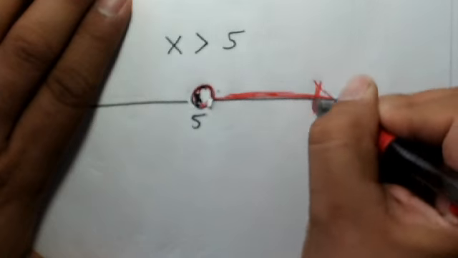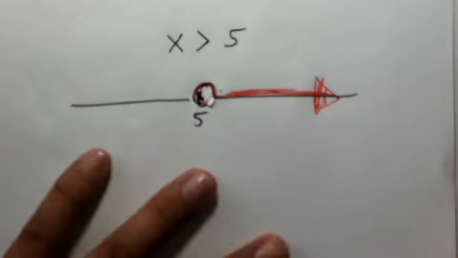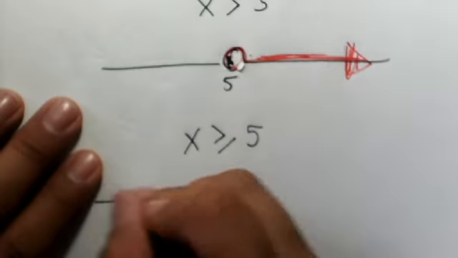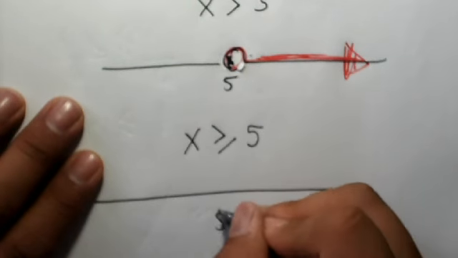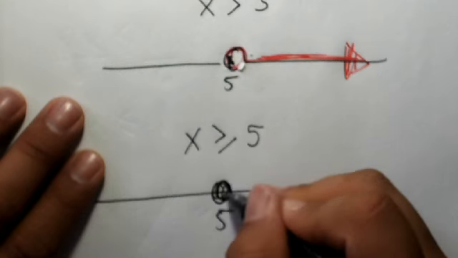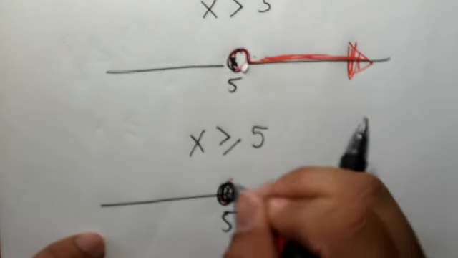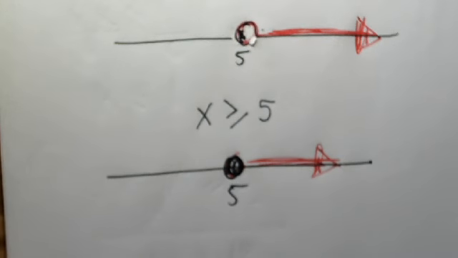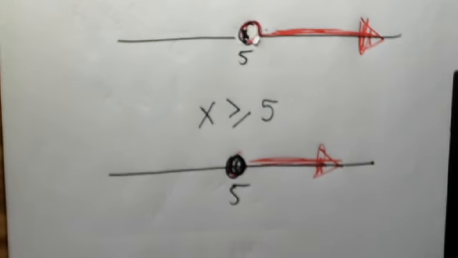Look, that's x greater than 5. X greater than or equal to 5 would mean you go to 5 again. Now it's a filled in circle this way. Do y'all see that? The difference. See? A closed dot.